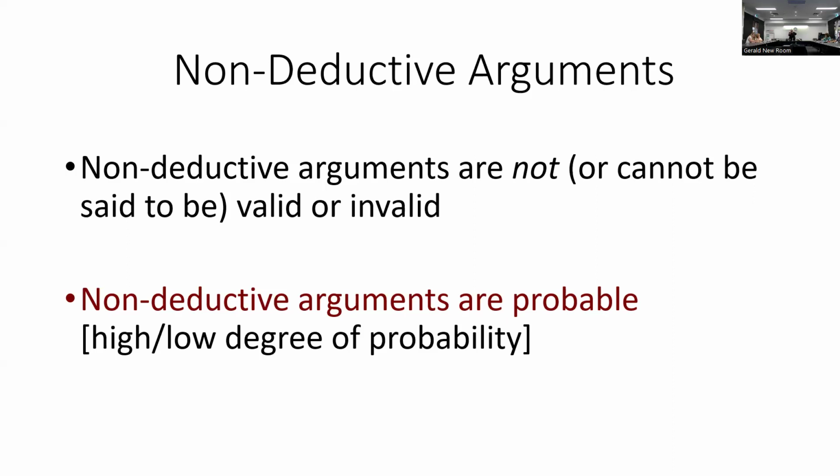So non-deductive arguments could be just probable. Deductive arguments are valid. Non-deductive arguments are only probable, and I explain why this is. And it could be a high or low degree of probability.